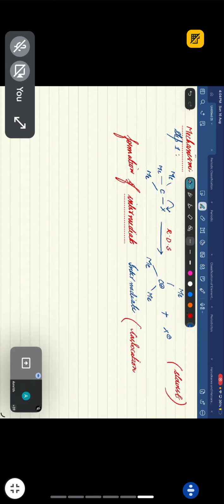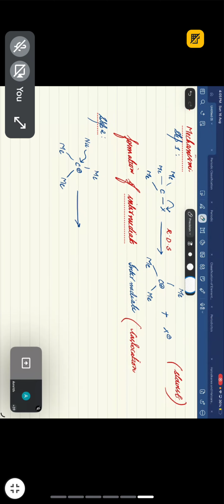Write down step 2. Now who should attack? The incoming nucleophile should attack. In the carbocation, the attack of the nucleophile happens onto the carbon. And what do you end up getting?